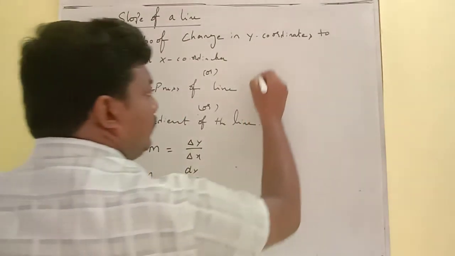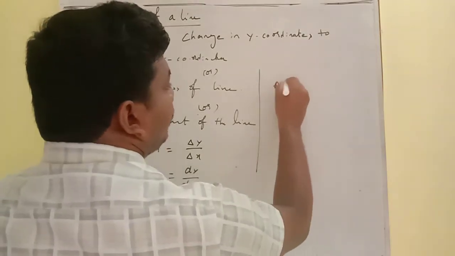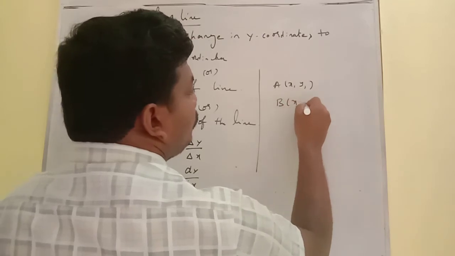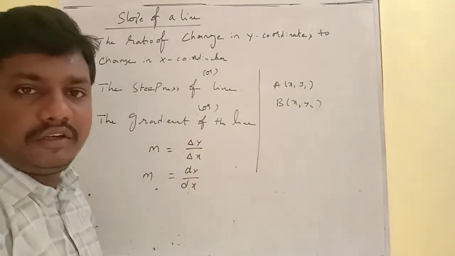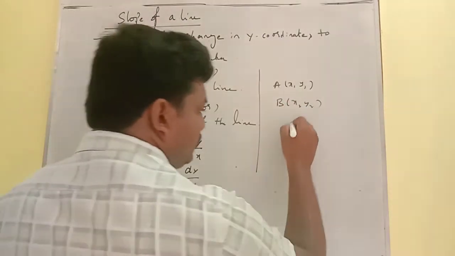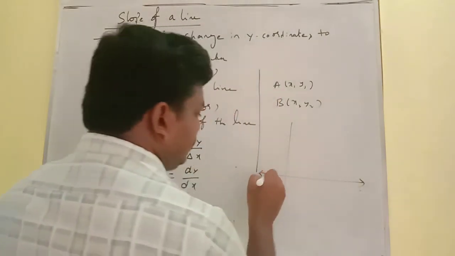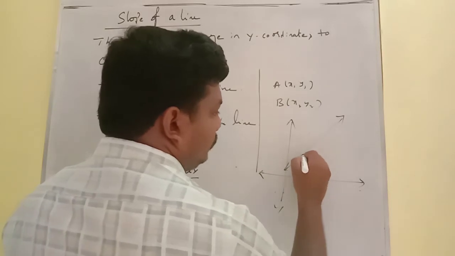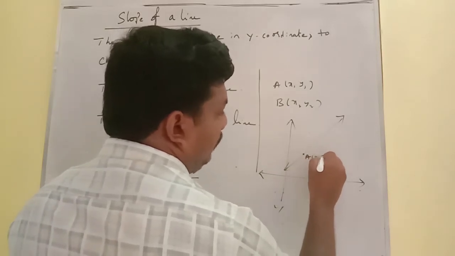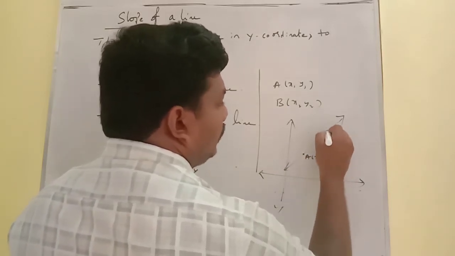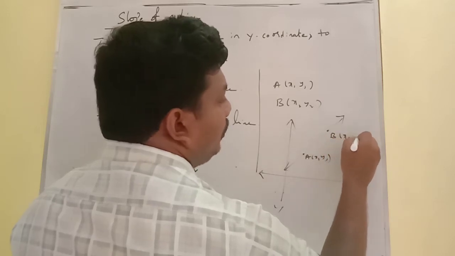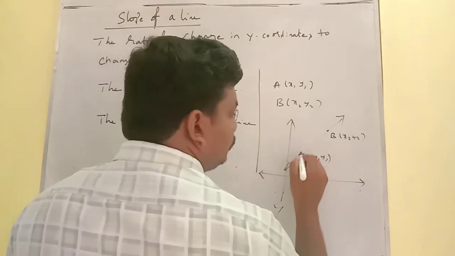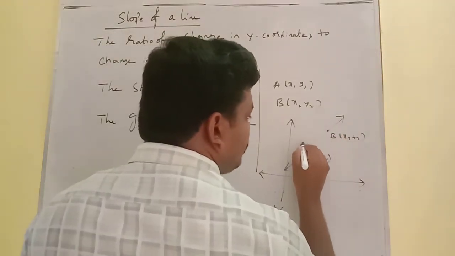Let me consider A (x1, y1) and B (x2, y2) as any two points joining a line segment. Let me consider this is the x-axis and y-axis, and this is a line. This is A (x1, y1) and this is B (x2, y2). Now from this point to this point, what is the change in y?